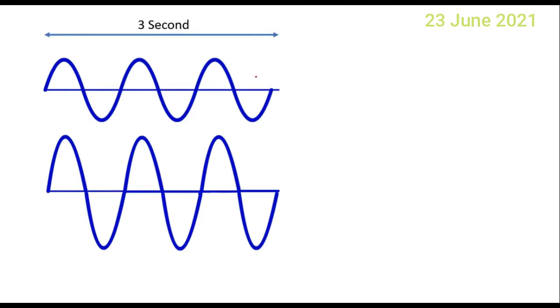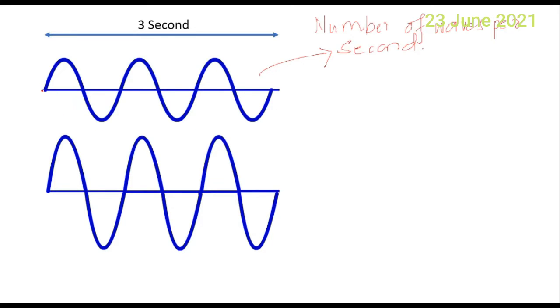Let me take first this wave. Now, what is frequency? Frequency is number of waves per second. In 1 second, how many waves are formed?